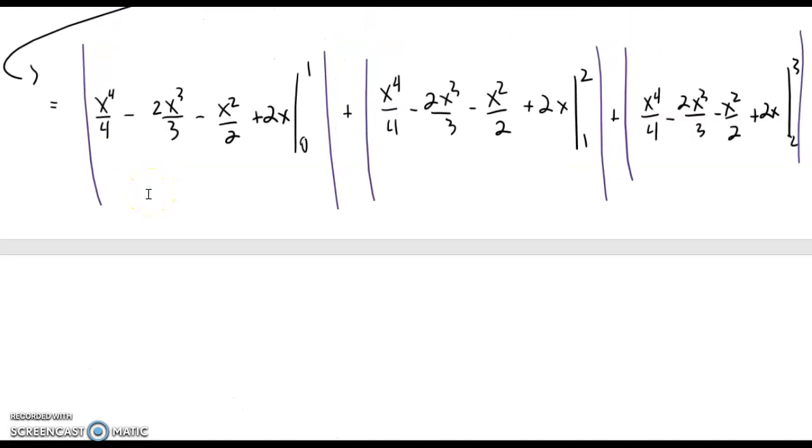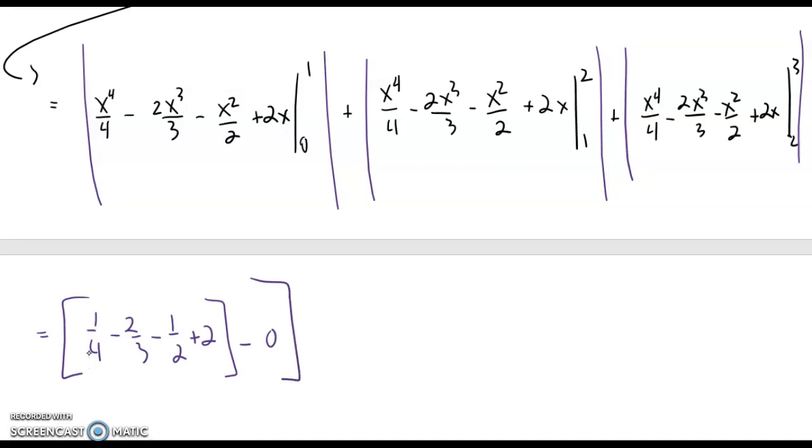All right, so now we got to plug in some values here. So how much work do we need to do? So I'm going to plug in 1. So 1/4 minus 2/3 minus 1/2 plus 2 minus 0. So we don't really need that one. So there's my first one. Plus 2 to the 4th is 16. So that's 16 over 4.